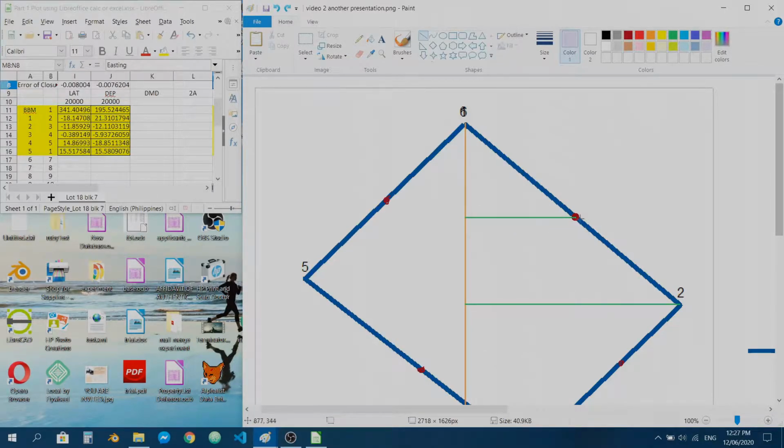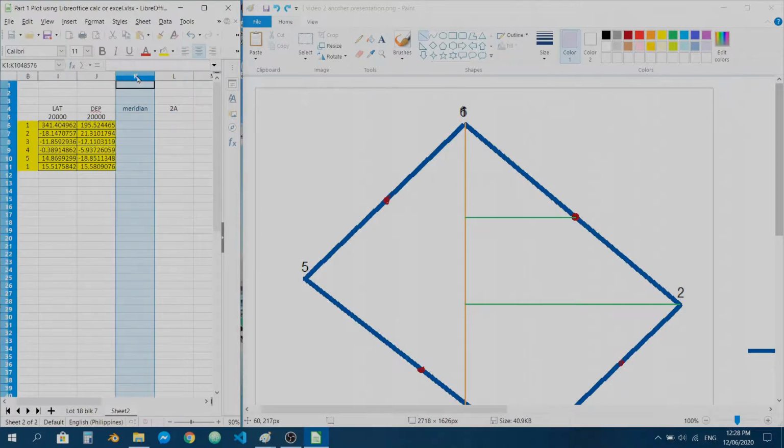Necessarily, this length is just half of our departure for line 1 to 2. Okay, so let's create a table. We'll go back to this, but we will explain the concept of meridian, so that when we go back here, we will know what is double meridian.